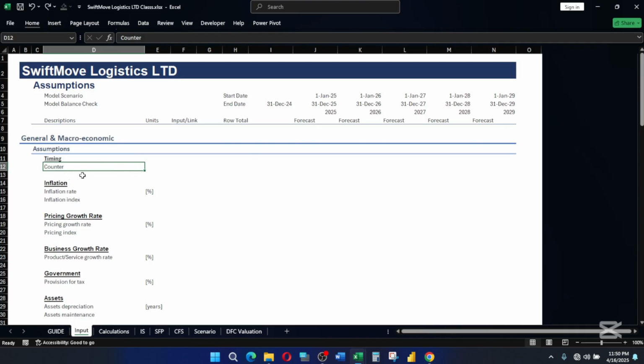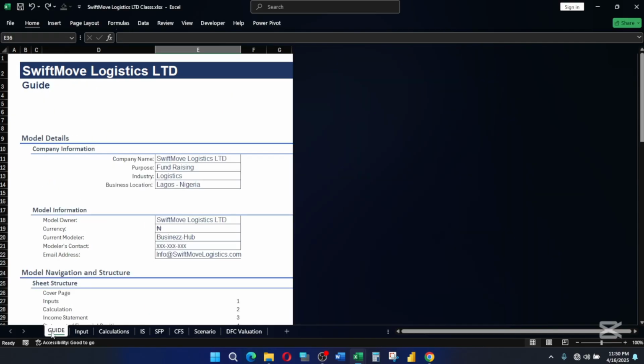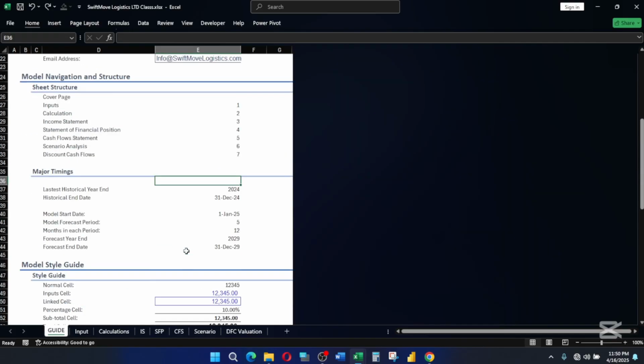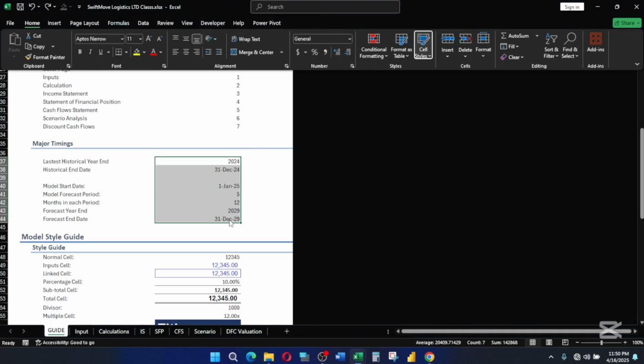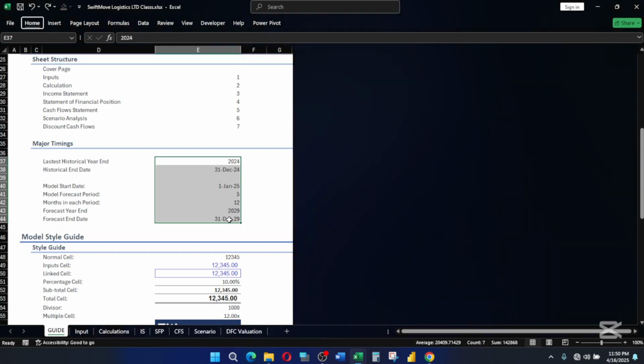Now if you look here, this counter you're seeing can also be called the period. Remember, we are building this model for a period of how many years? This model is for a period of 5 years. So let's put this as an input. Let's format this and put it in our input style.